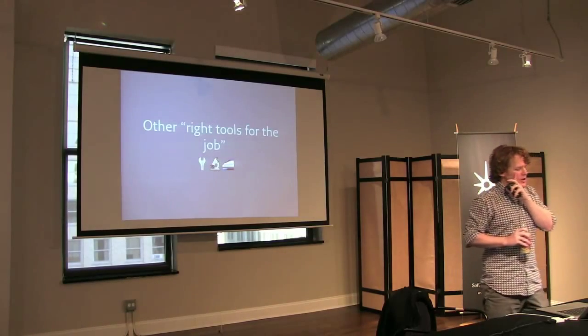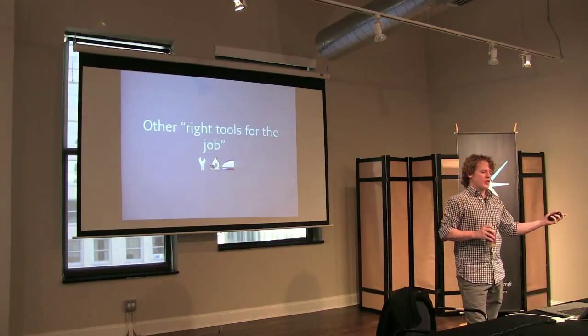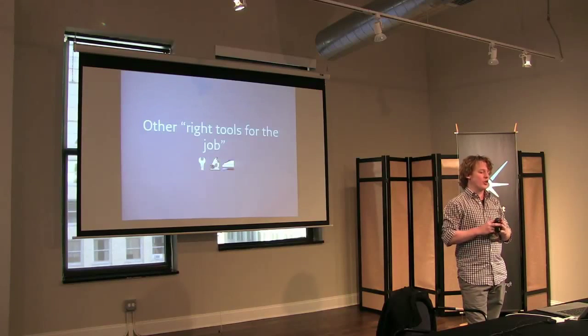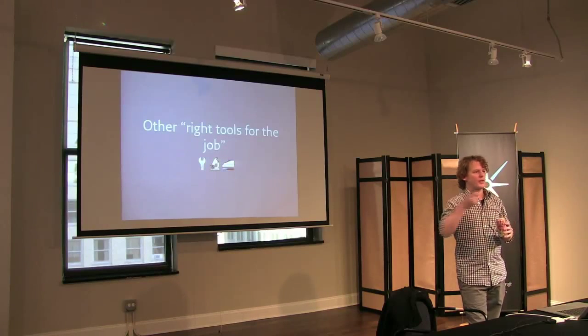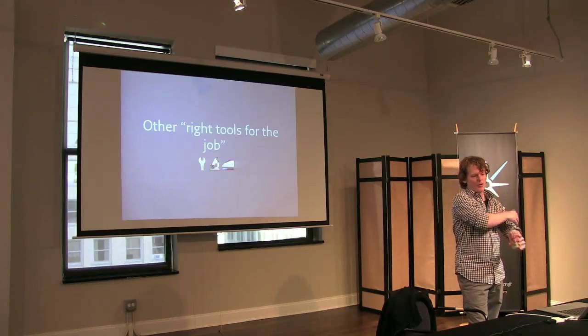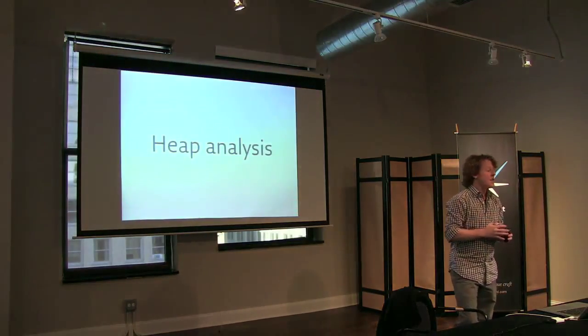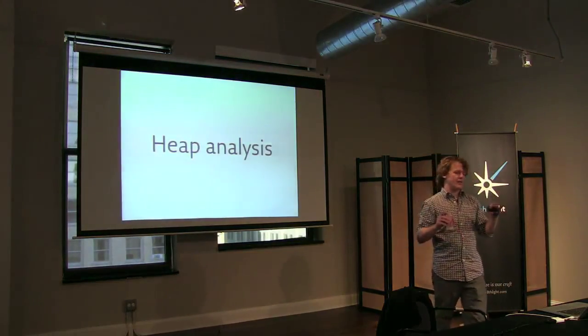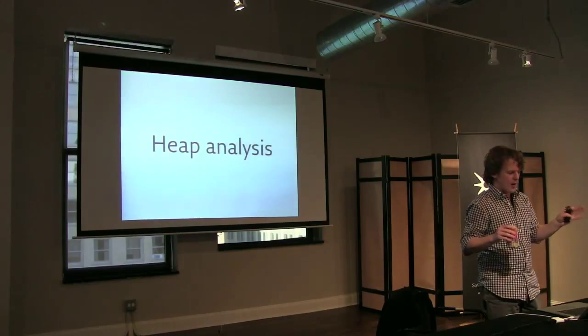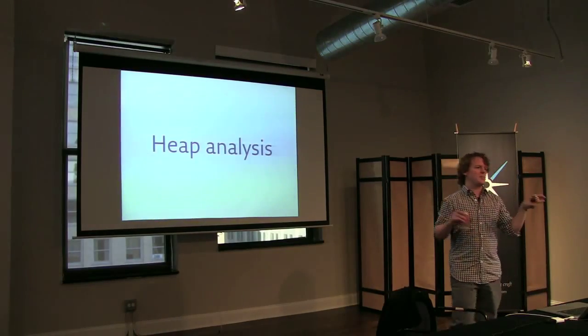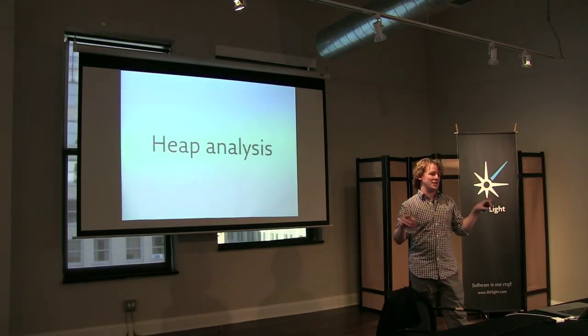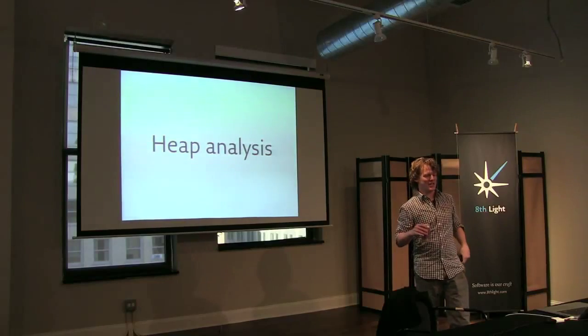Okay, so we've already alluded a little bit to this, but I just want to give a shout out. There's a ton of other good tools out there besides these JVM built-in command line ones. There's heap analysis tools. I'm not going to name specific names, so I don't really have a favorite, but you really need some sort of visual tool to track down things like class loader leaks that are such a pain to dig into.